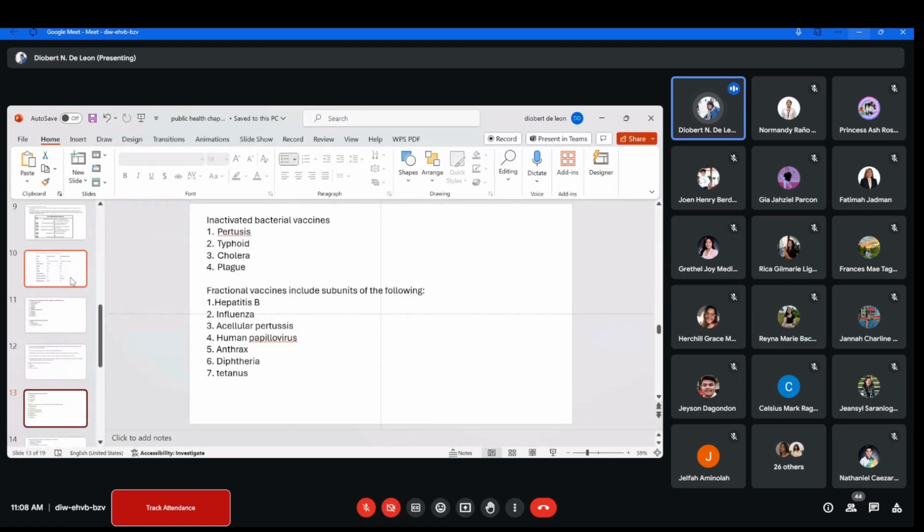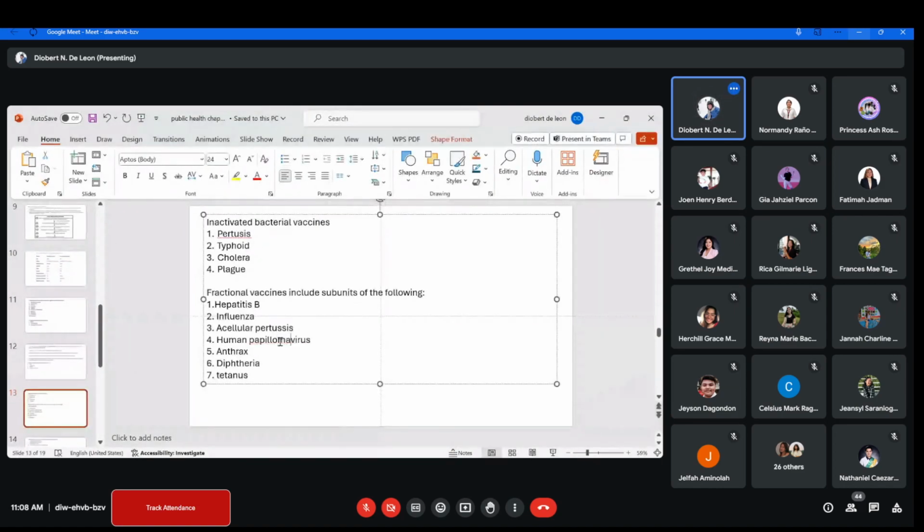Fractional vaccines include subunits of the following: hepatitis B, influenza, acellular pertussis, which is the whooping cough, if you're familiar with that one, human papilloma, this is papillomavirus, the anthrax, and the diphtheria and the tetanus.